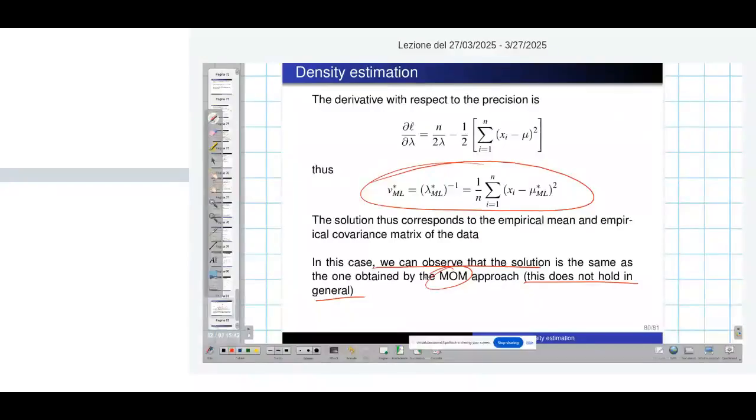So in this case, the two solutions coincide. And this is why we use the 1 over n solution for the variance, because that's the maximum likelihood solution and we stick to the maximum likelihood estimates for this course.